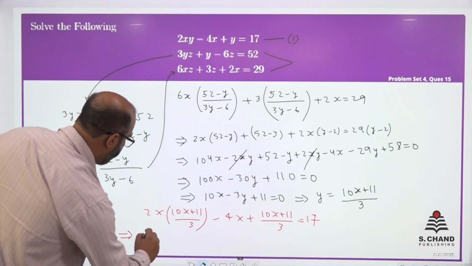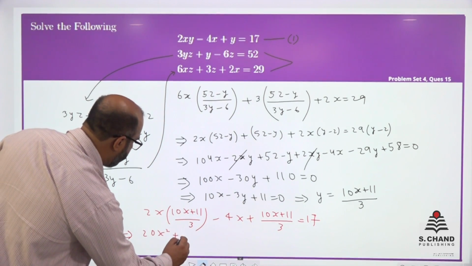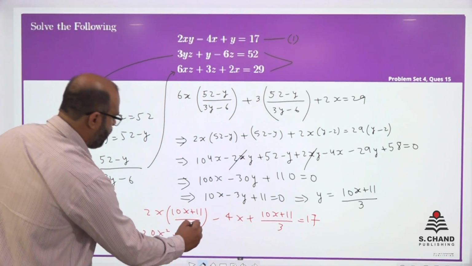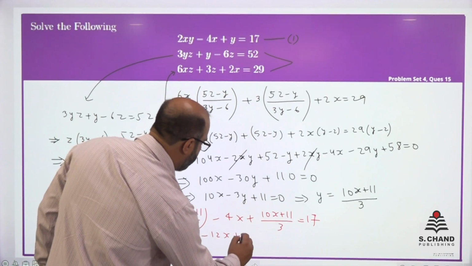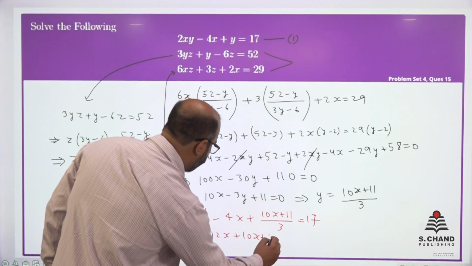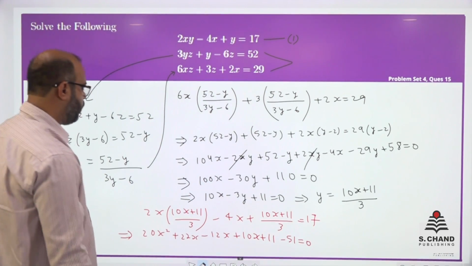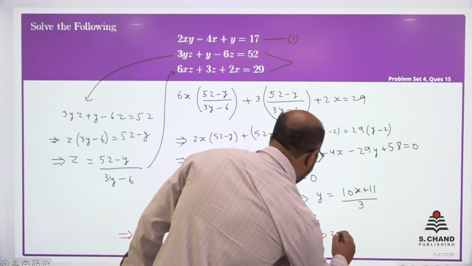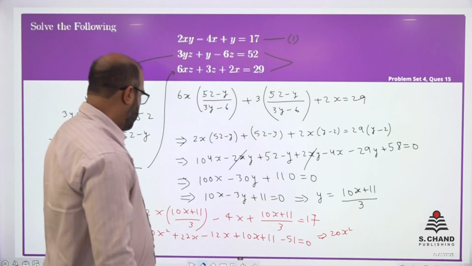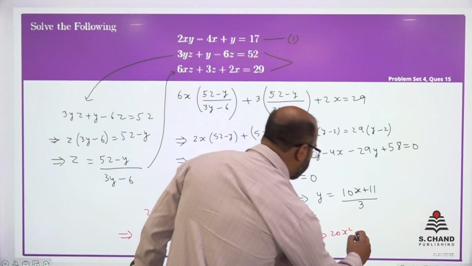It will become 20x square plus 22x minus 12x after taking LCM plus 10x plus 11, 51, this will go here, minus 51 equal to 0. So, it will become 20x square, 22x minus 12x is 10x, 10x plus 10x is 20x.